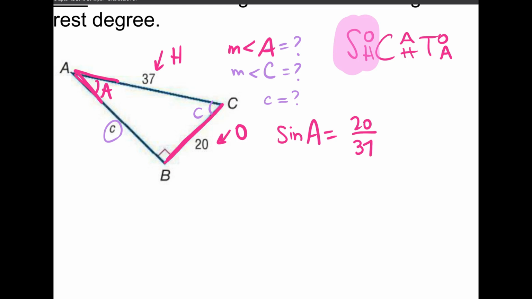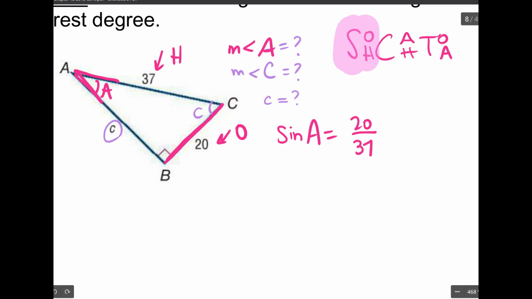So sine of A, like sine is a ratio. You're figuring out the ratio of sides for a certain angle. So I need to get the angle by itself. Sine of this angle is equal to 20 over 37, but that's not what the angle is equal to. To get A by itself, I have to do sine inverse of both sides.